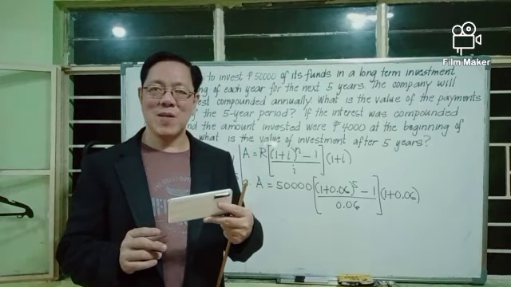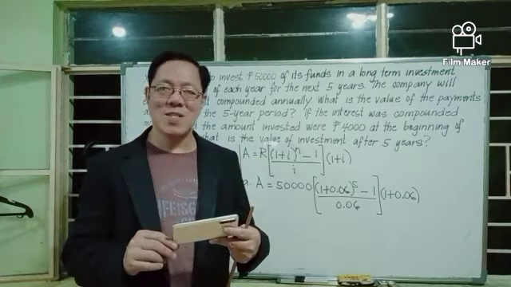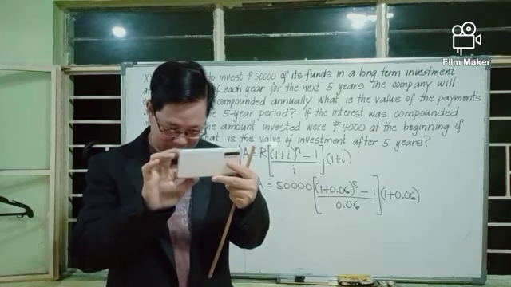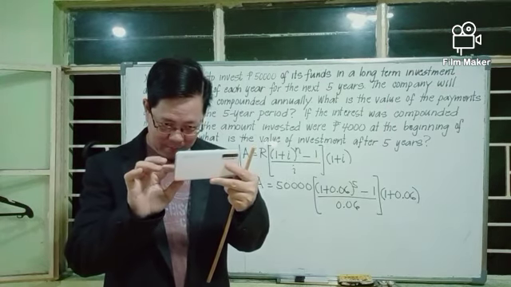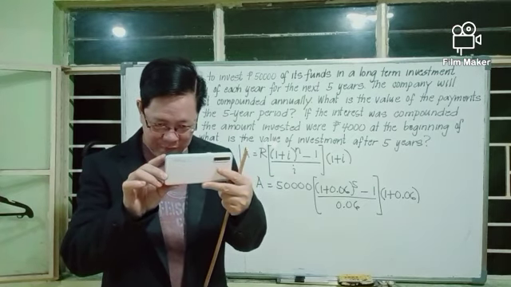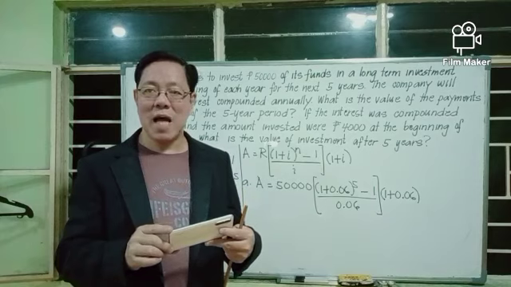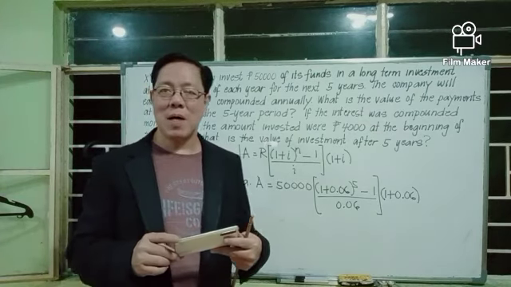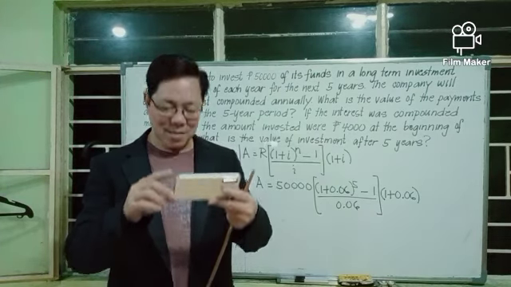And the answer in your calculator, divide by 0.06. And you have 5.63709. That answer in your calculator multiply by 1.06.